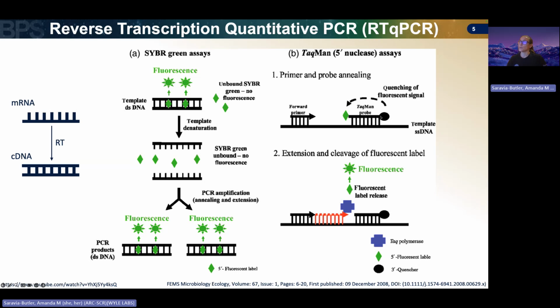such that when this probe is intact, the quencher is close enough to the fluorescent signal to suppress the signal through fluorescence resonance energy transfer, or FRET. Once you denature your target template cDNA to have your two strands, your primer is going to latch onto the priming region, and your TaqMan probe onto the center of your target.